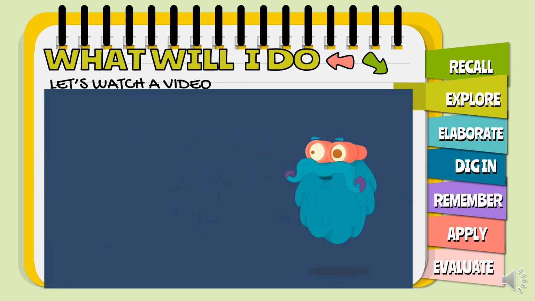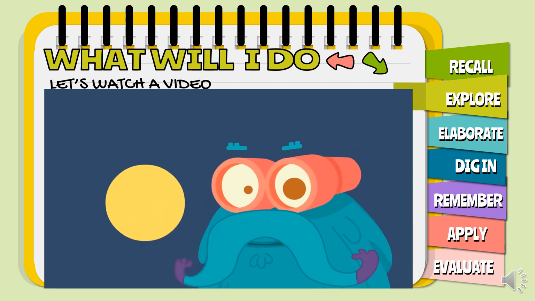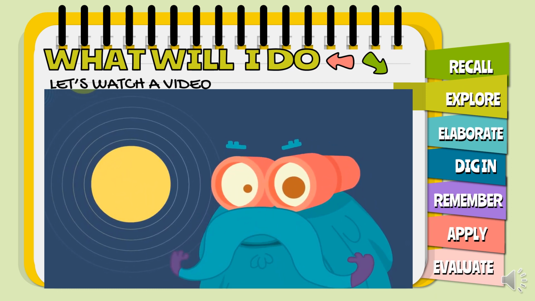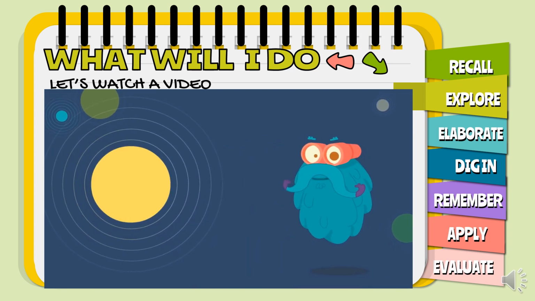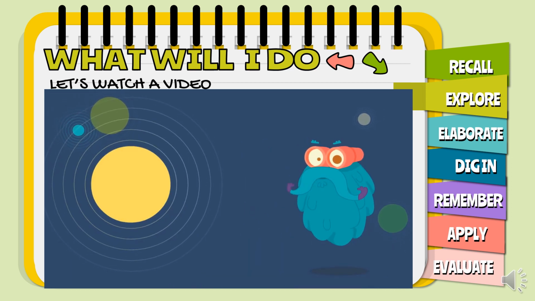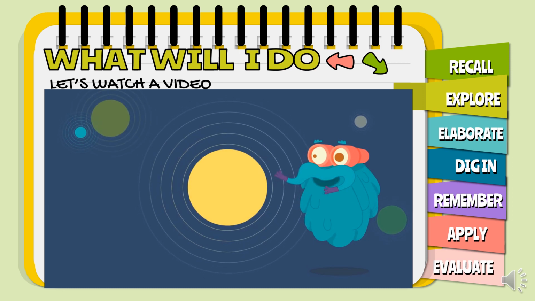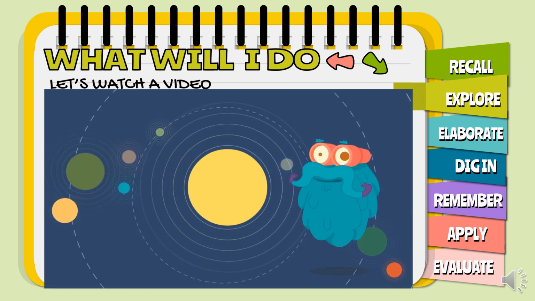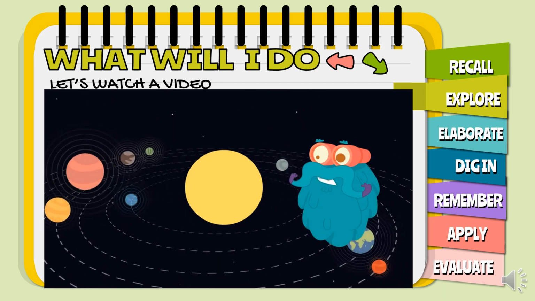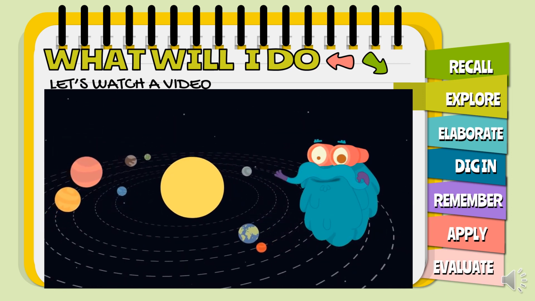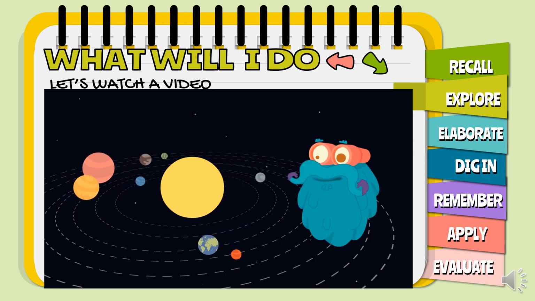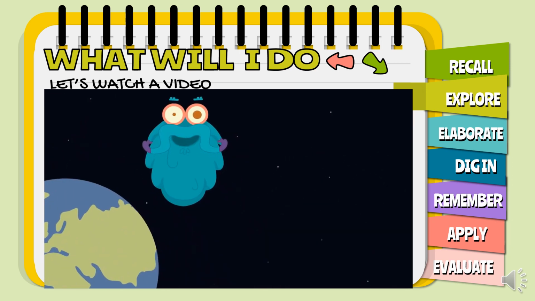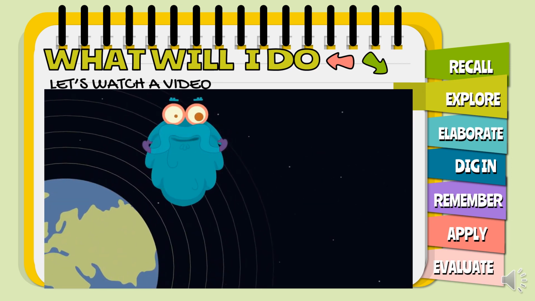You'll be surprised to know that every object that has mass exerts a gravitational pull or force on every other body of mass. The size of the pull depends on the mass of the objects. This is how the sun's gravitational pull keeps planets orbiting around it. Even the Earth has a gravitational force on the moon.